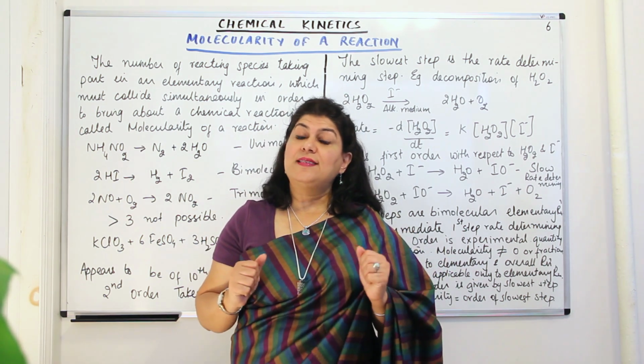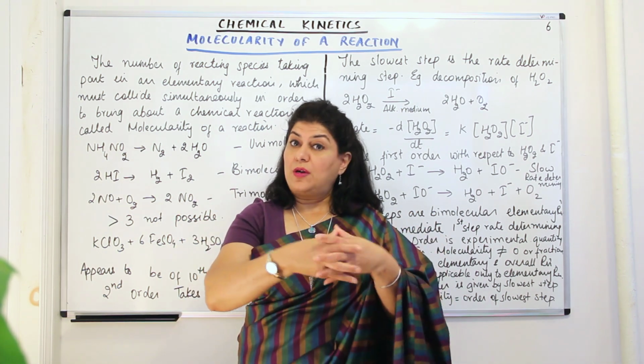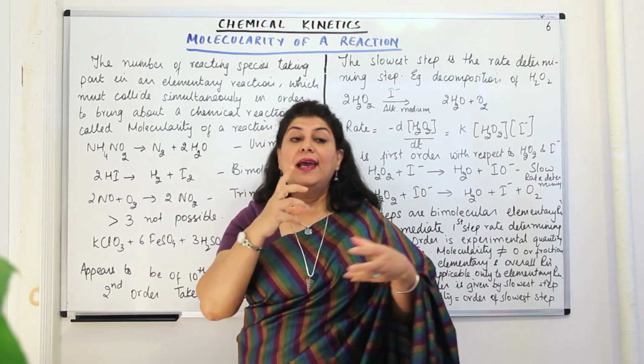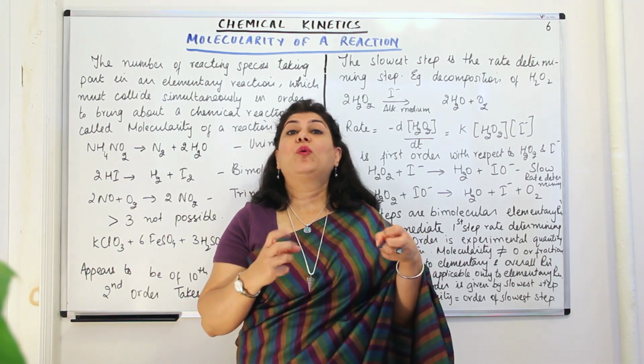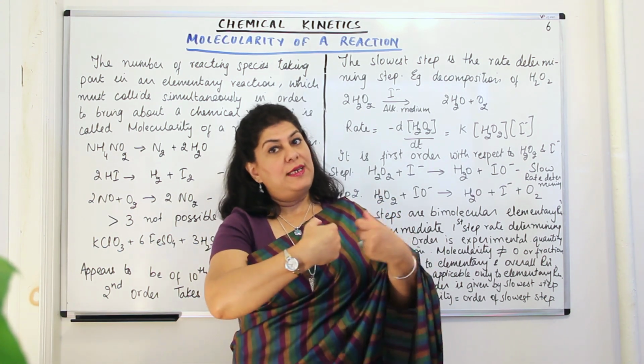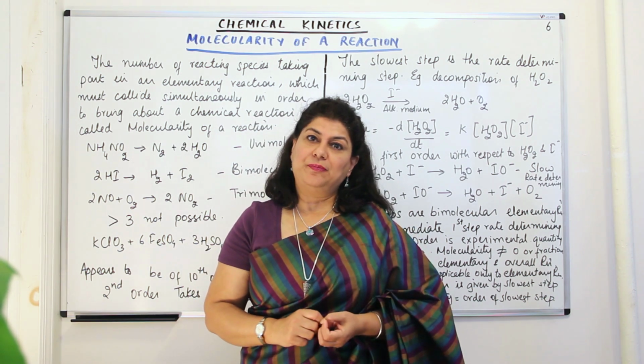The reason is that for 3 species to collide simultaneously, and not only collide simultaneously, each one of those should have the required amount of energy. Each one of those should be at a certain angle with the other 2. Only then the reaction will take place.